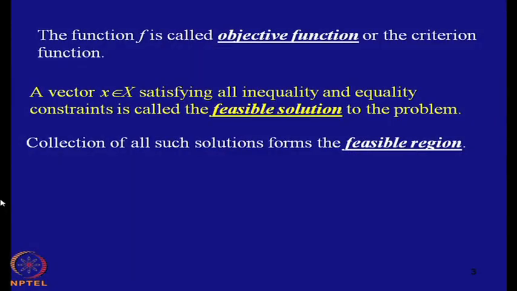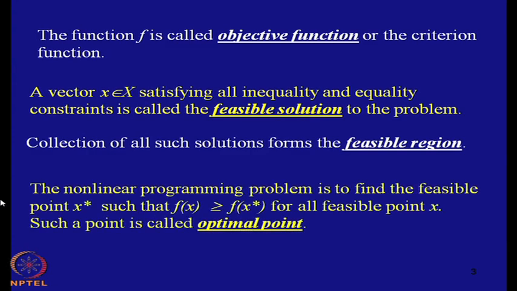As I said, the collection of all such solutions forms the feasible region, and the nonlinear programming problem is to find the feasible point among this feasible set, such that f(x) is greater than or equal to f(x*) for all feasible points x.